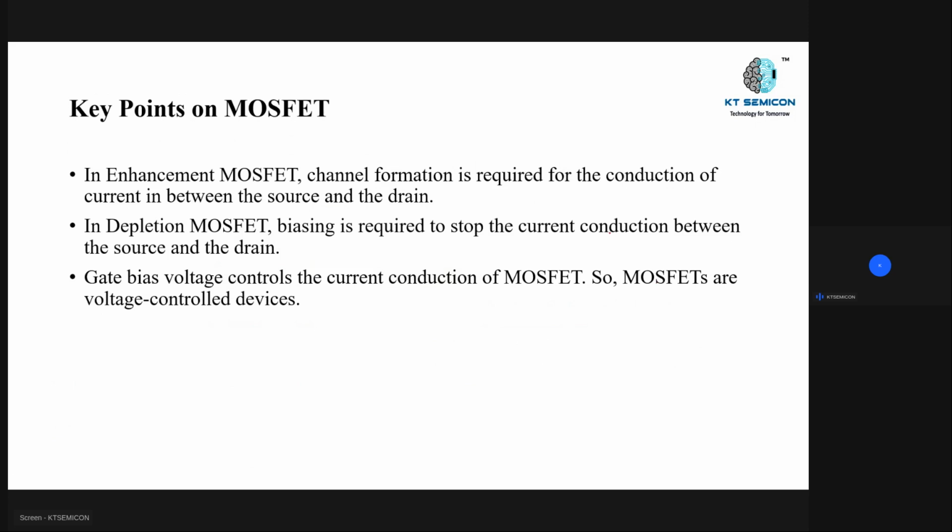Now some of the key points related to MOSFET. In enhancement MOSFET, channel formation is required for the conduction of current between the source and the drain. What is the meaning of this point? In enhancement MOSFET, we don't have any channel between the source and drain, right?